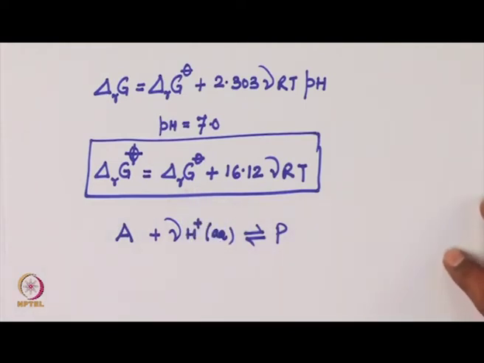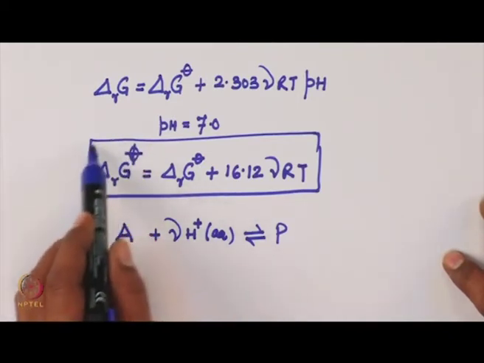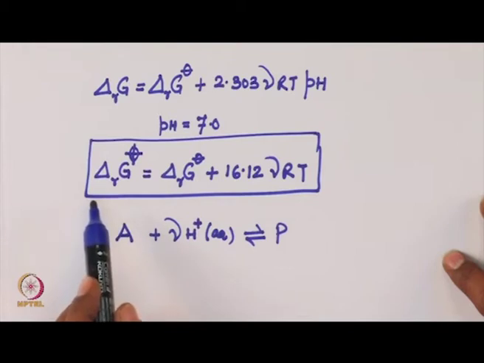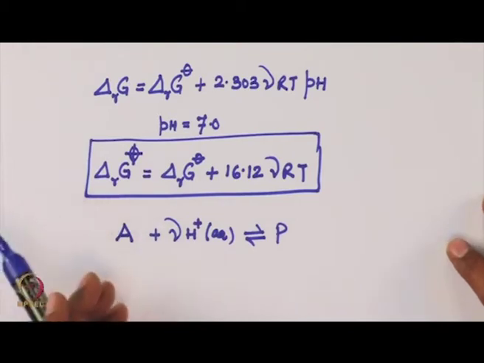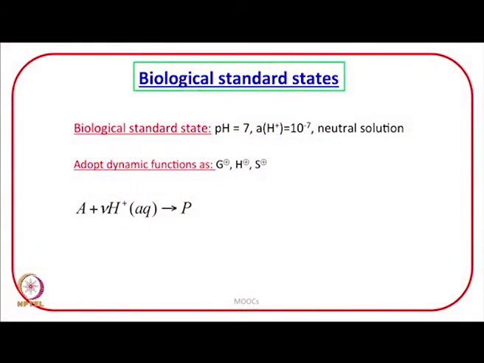And in biological systems, it is this which will determine whether the reaction will be exergonic or endergonic, because as I said, most of the biological processes involve release or absorption of a proton.